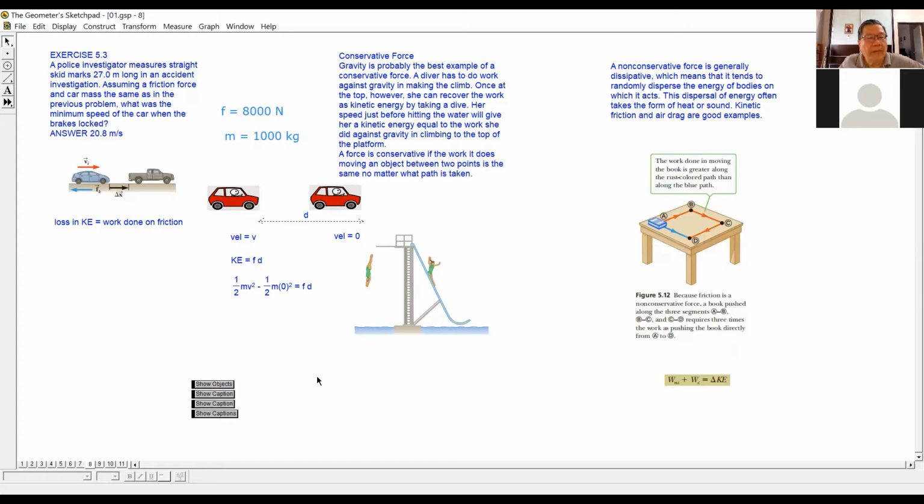We don't know v, so it will be v squared minus zero, because the final velocity is zero. So it will be 500 v squared equals 8,000 times 27.